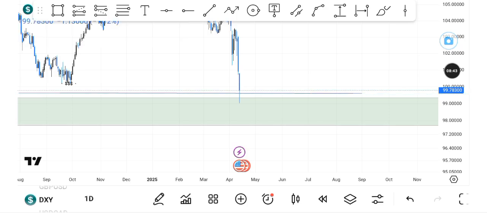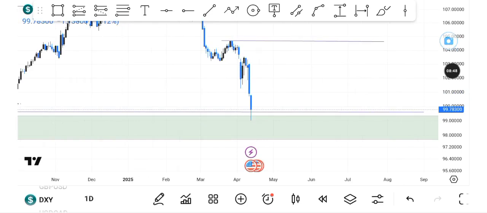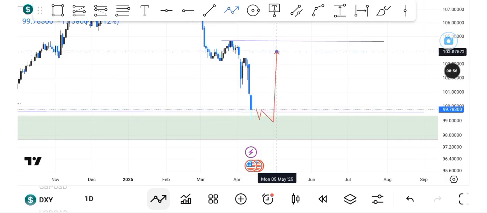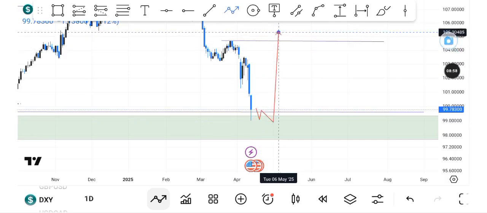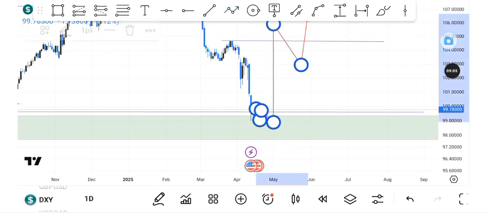So that's really what I expect the DXY to do, which means if the daily is still bearish, we still expect a bullish movement to foreign currencies like EURUSD, JPY USD, AUD USD, Australian dollar.